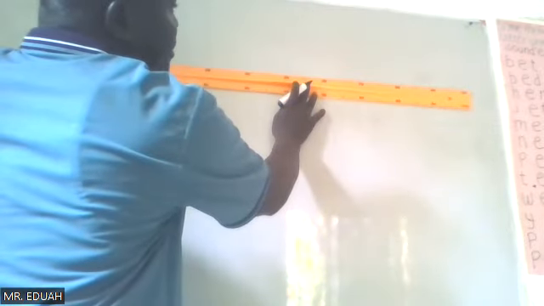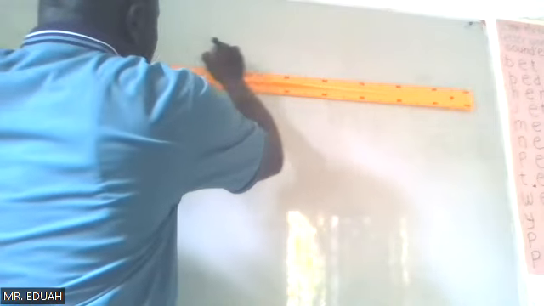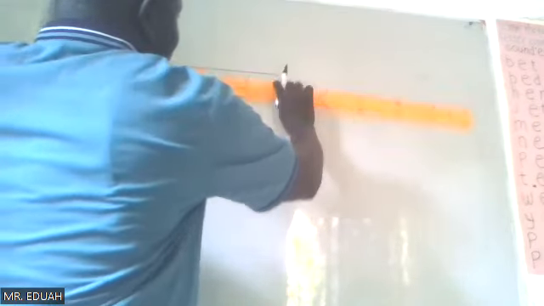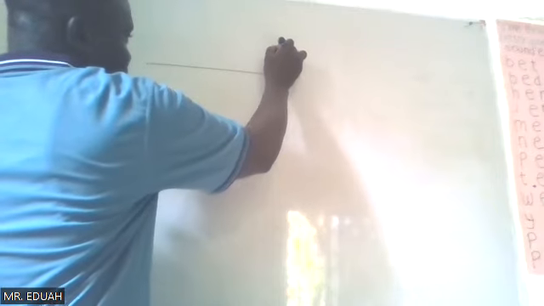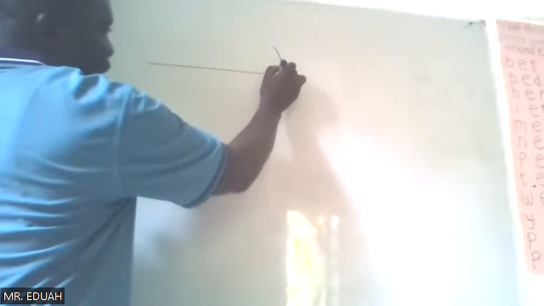Because ray diagrams are drawn using a straight edge, you must also learn to use a straight edge in drawing your ray diagram. So a very small aperture.